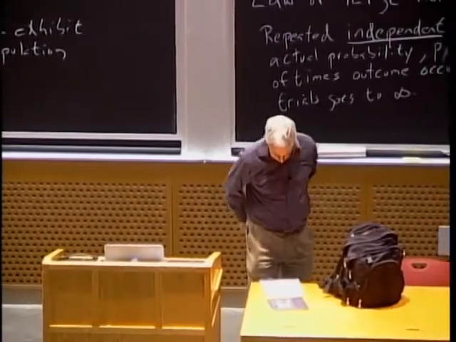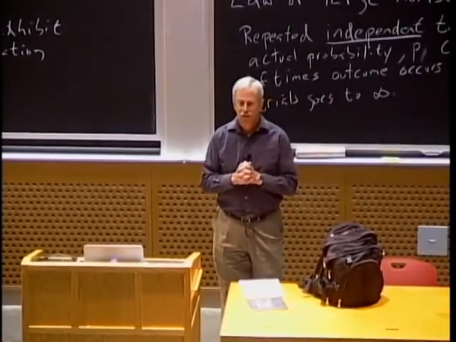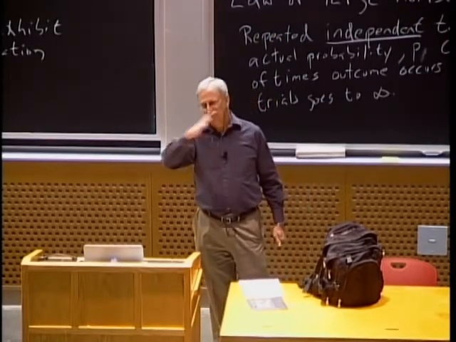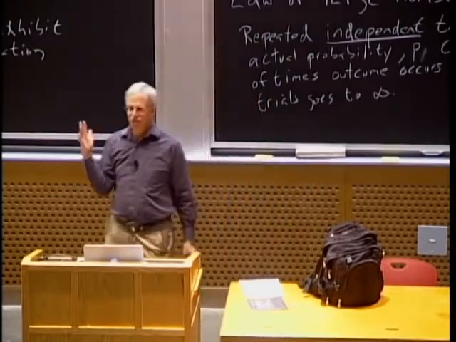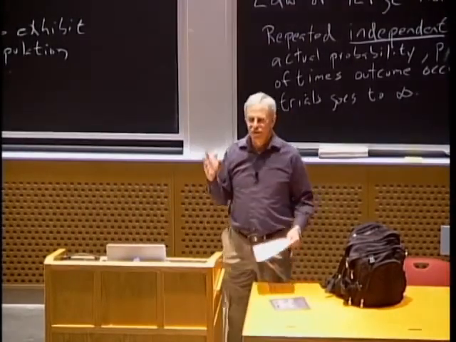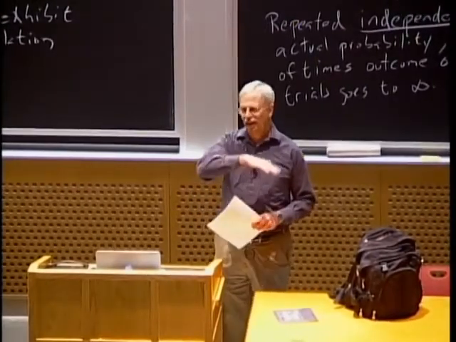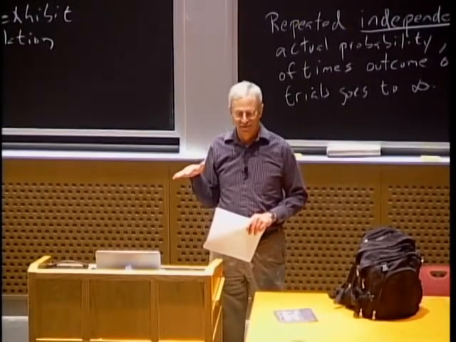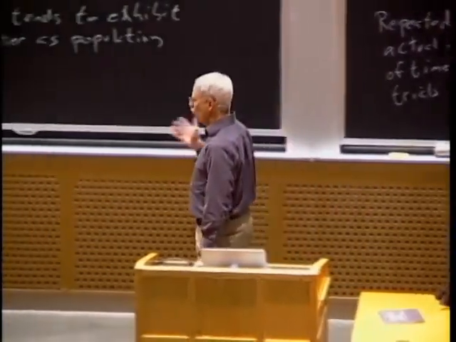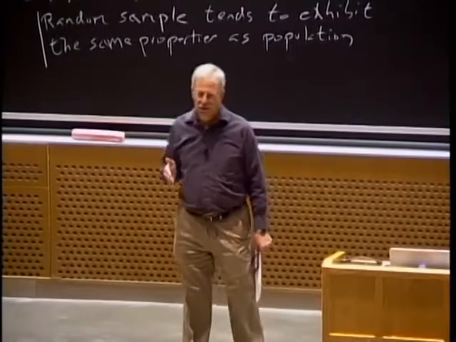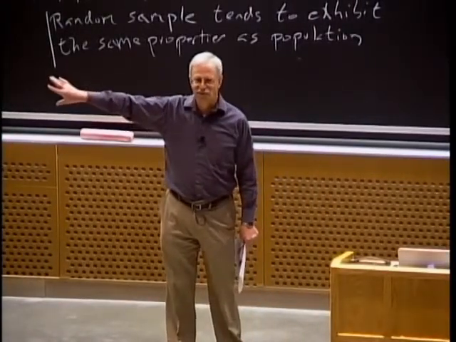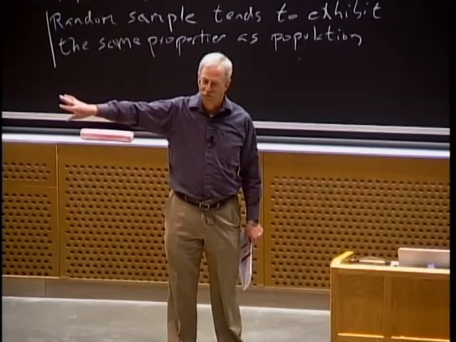Now, it's worth noting that this law does not imply that if I start out with deviations from the expected behavior, those deviations are likely to be, quote, evened out by opposite deviations in the future. So if I happen to start by getting a whole bunch of heads in a row, it does not mean that I'm more likely to get tails in a subsequent trial.